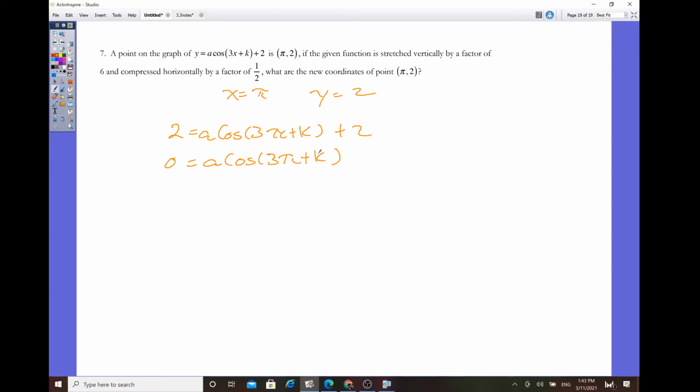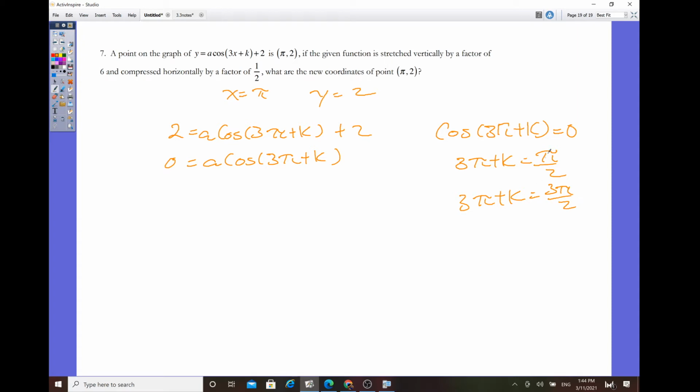But one thing we notice is that a cannot be 0, so the only thing that could be 0 is cosine of 3 pi plus k equals 0. So cosine of 3 pi plus k equals 0, which means this whole constant would be either pi over 2 or 3 pi over 2.